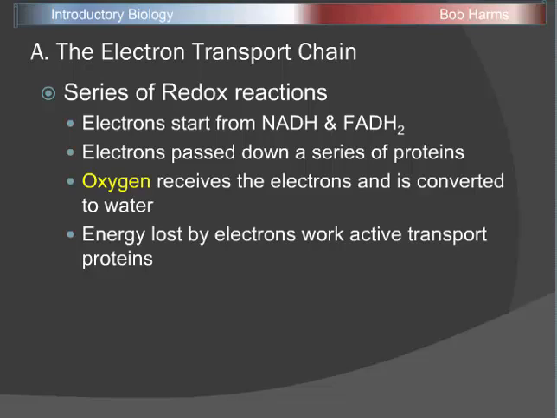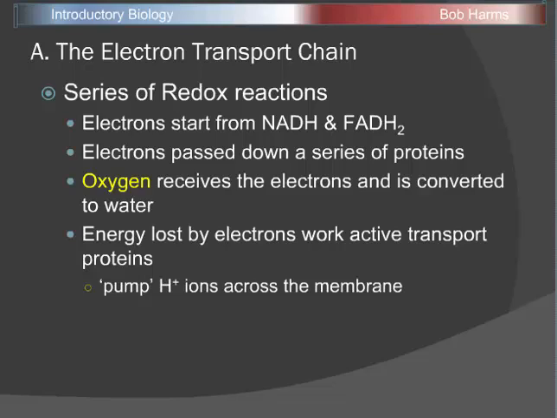That energy that they're losing is going to be used to work a couple of active transport proteins. And remember, transport proteins help move chemicals across membranes. In active transport, we said that requires energy, and that energy is going to come from these electrons. And so these proteins are going to pump hydrogen ions, or H+ ions, across this mitochondrial membrane.